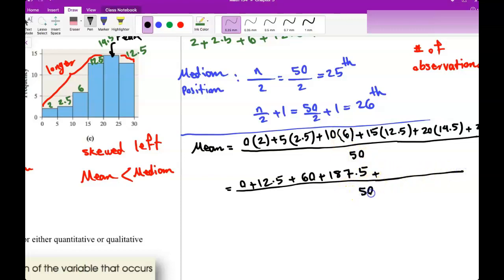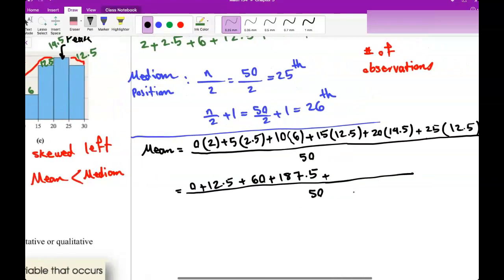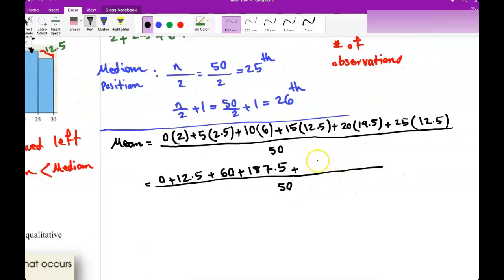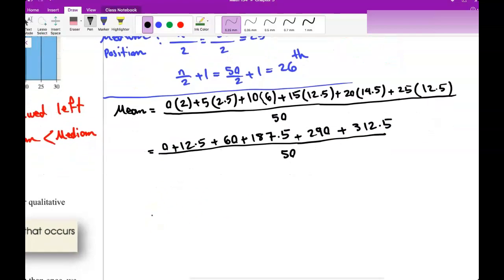Your denominator is 50. $290, 312.5. So in total we have 862.5 divided by 50.